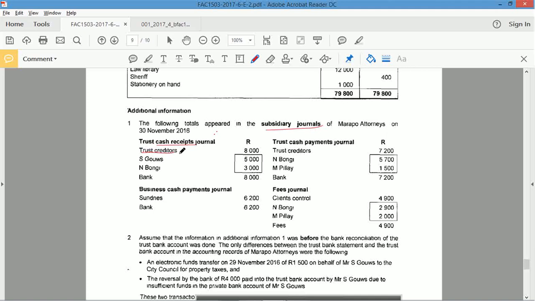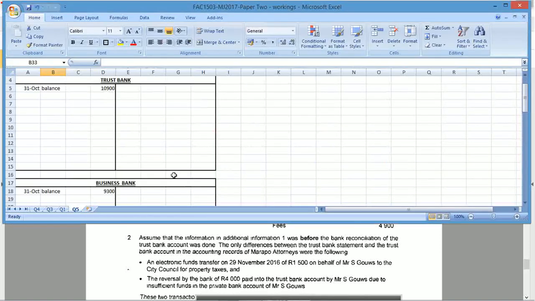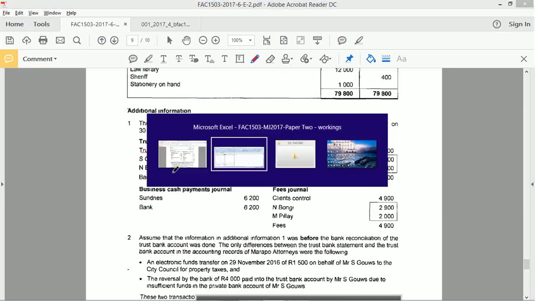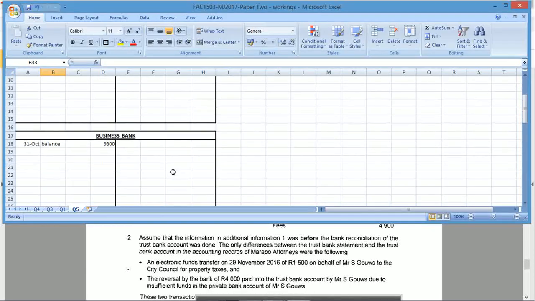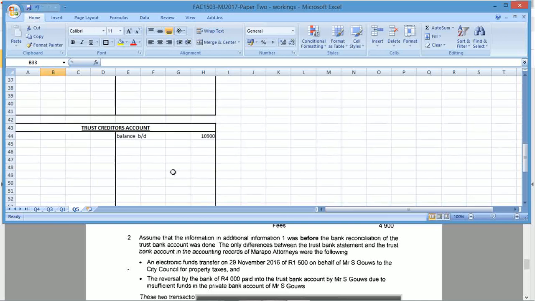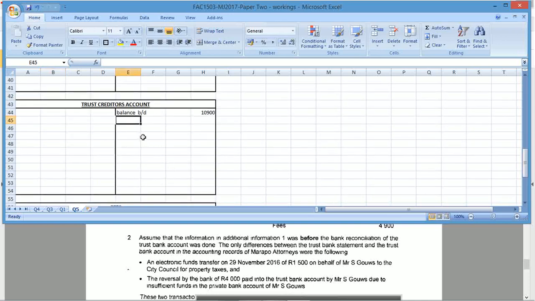So the trust creditors is going to go up. And what other account is going to be affected? Correct, the bank. Where's my trust creditors? This is for my journal, so I'm looking at the T account. Here it is. Trust creditors will go up. Trust creditors is seen as a liability because you would owe them, yes.